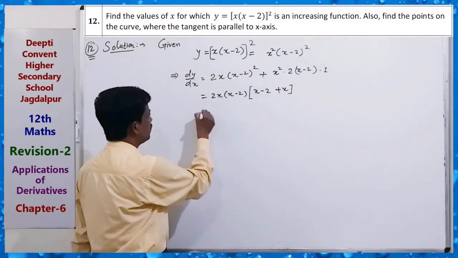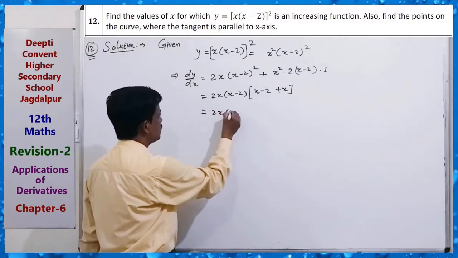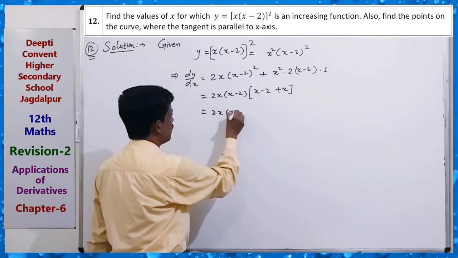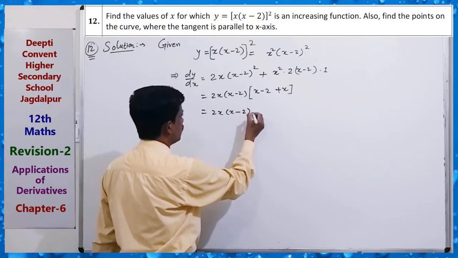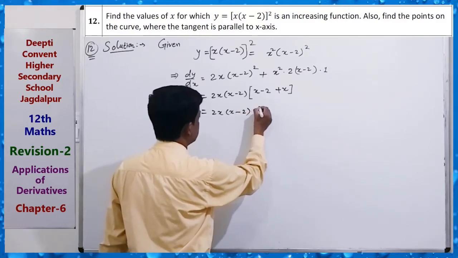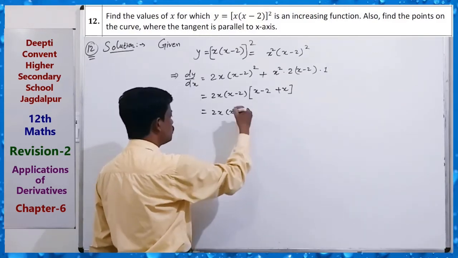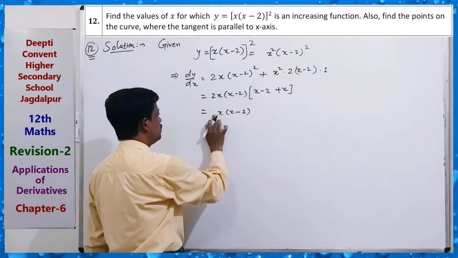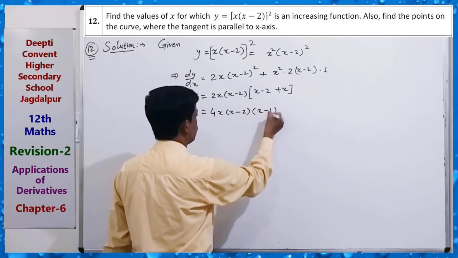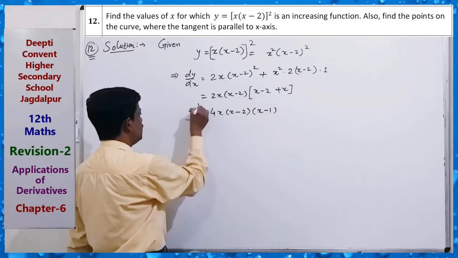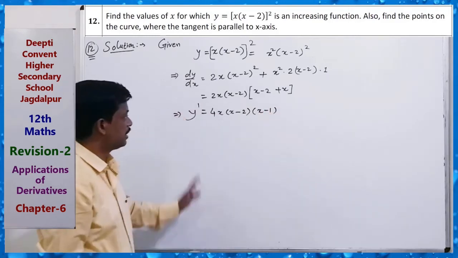So we get 2x(x minus 2) plus x, and here 2x minus 2, so 2 can be taken common, so this will be 4x(x minus 1). So this is y dash. Okay, we are getting like this.